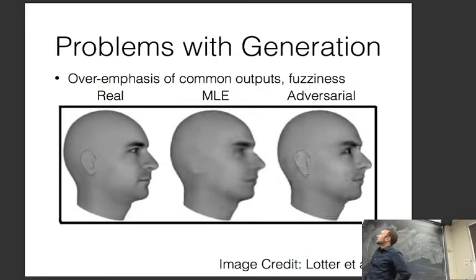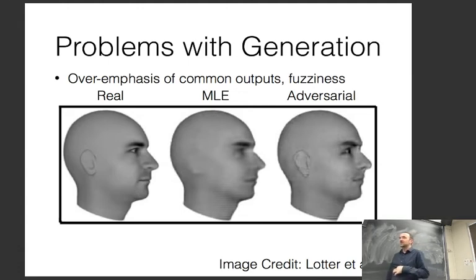So this is a very good example. The real image is on the left. The middle image was generated by something using regular maximum likelihood estimation. And the one on the right is one generated using an adversarial technique. The thing you notice immediately about the maximum likelihood output is that it's fuzzy or blurred. And this is a problem for images.